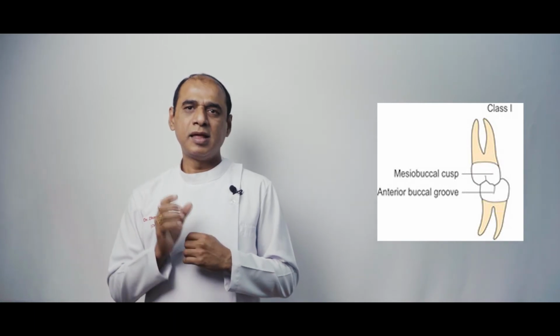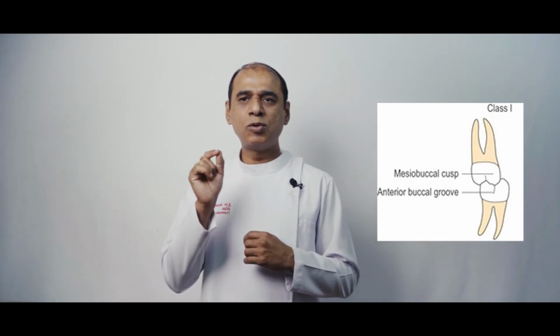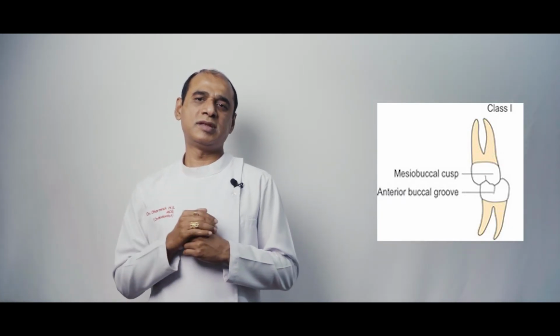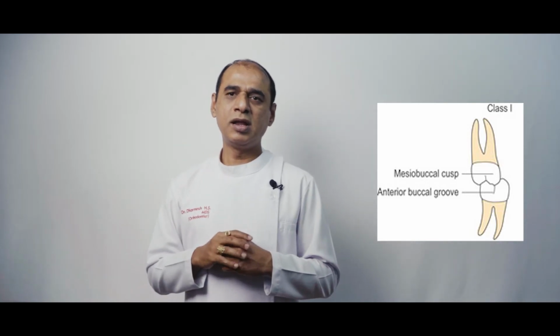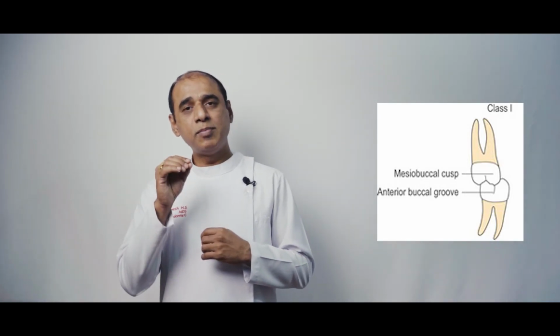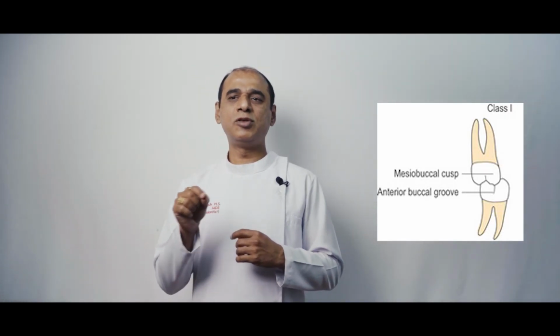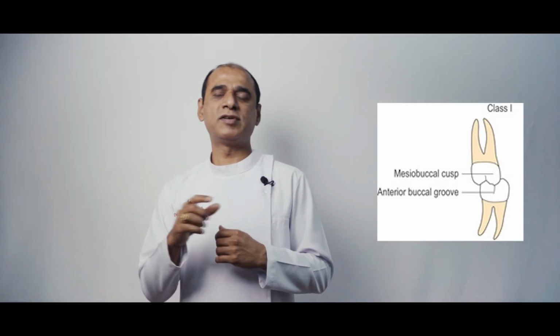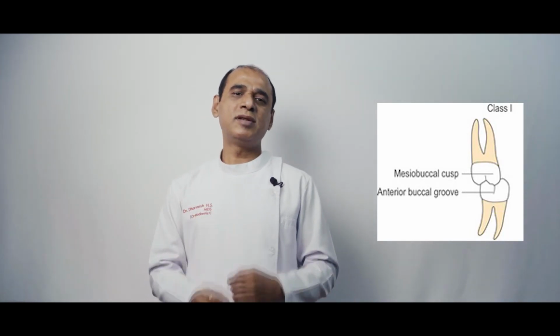He said the maxillary first permanent molar is the most constant in its position. He related the maxillary first permanent molar to the key ridge position. Then the mesiobuccal cusp of the first molar rests in the mesiobuccal groove of the mandibular first molar in normal occlusion. This is called class 1 molar relation.